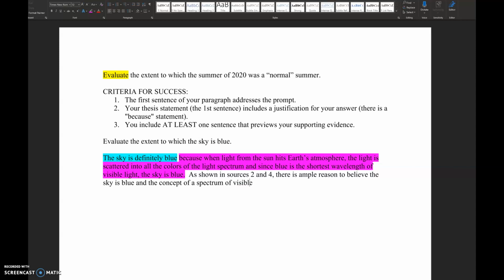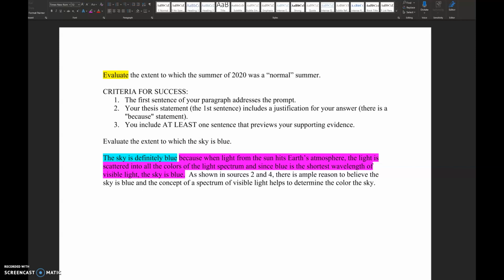Usually the test is going to ask you to come up with some concept from the class to also support your answer, in addition to using concepts from the actual documents they're providing. So this is our concept from class. The concept of a spectrum of visible light helps to determine the color of the sky.